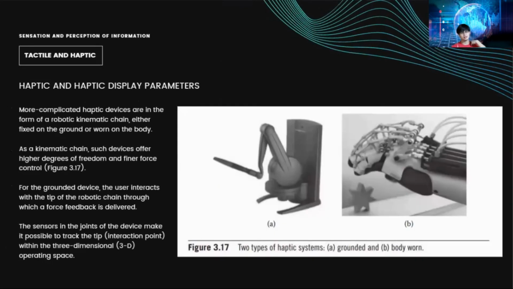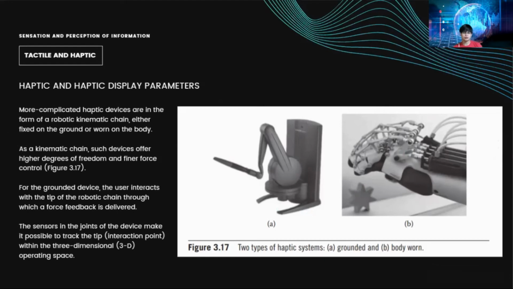Next, more complicated haptic devices are in the form of a robotic kinematic chain, either fixed on the ground or worn on the body. As kinematic chains, such devices offer higher degrees of freedom and finer force control. As you can see, this is our example in figure 3.17.